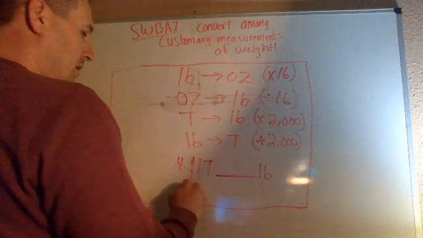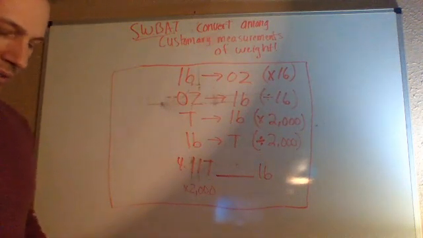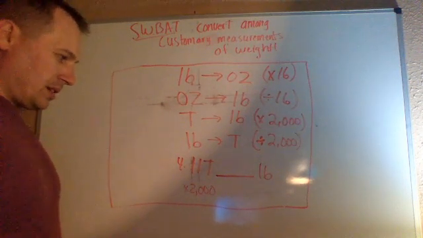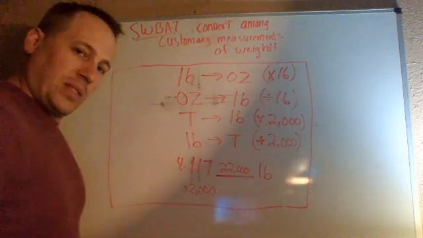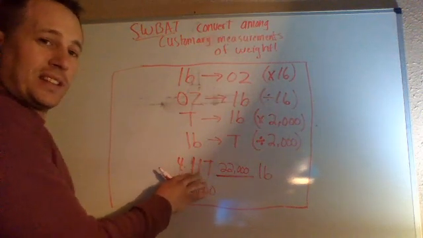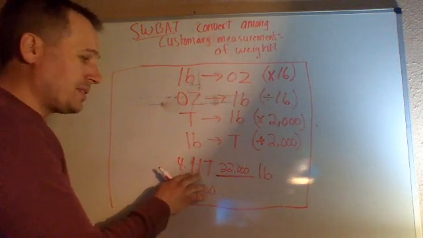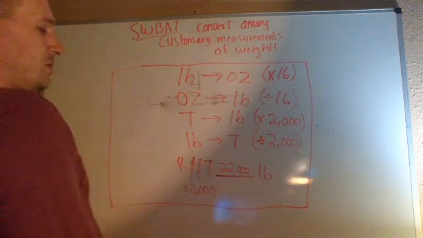So we take this 11 and we just times 2,000. What is 11 times 2,000? 11 times 2,000 is 22,000. So 22,000 pounds. Well, 11 tons, that's pretty heavy. 2,000 pounds in every ton. So we just do the math.